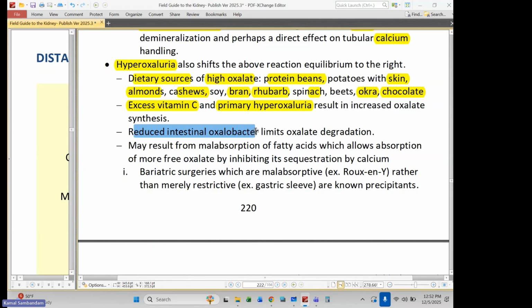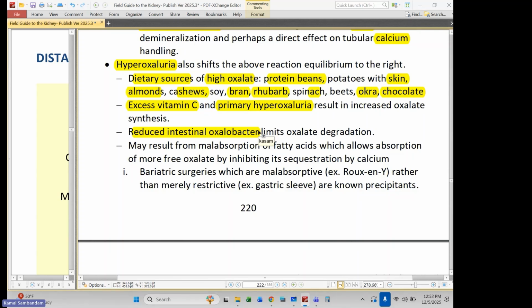People have shown that there is oxalobacter in the gut, which actually metabolizes oxalate in the gut, such that if you have reduced oxalobacter expression, you can have high intestinal absorption of oxalate and then hyperoxaluria. So you can see this even after antibiotic exposure.